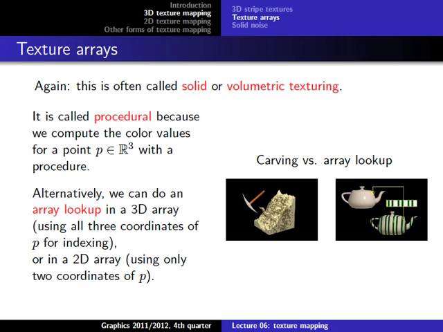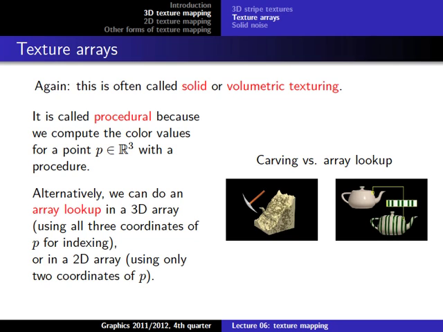But of course we do not always need to specify a function to calculate this. If we already have an array, for example, a designer created it or we have pre-calculated it somewhere, why should we calculate these values each time? Why do we not just store them in a 3D array and then just look them up?